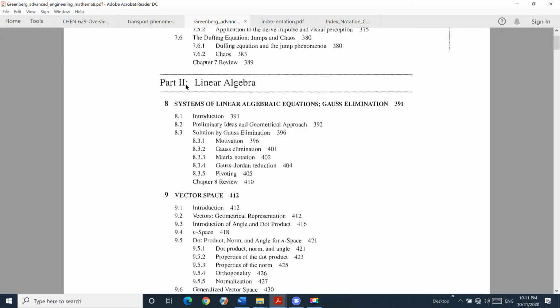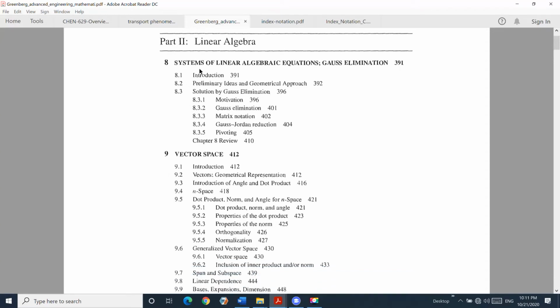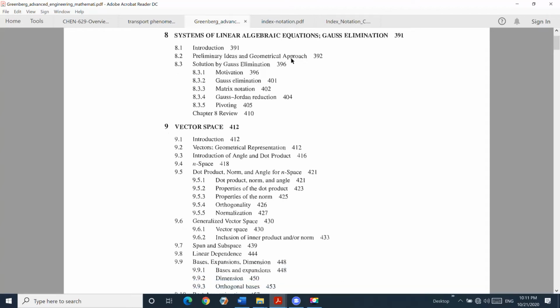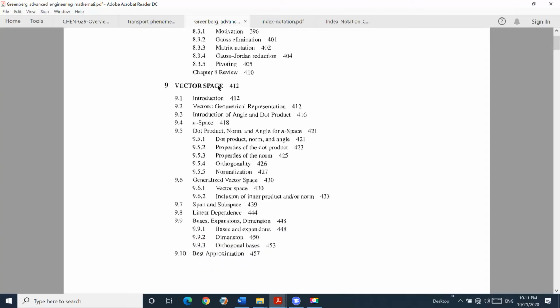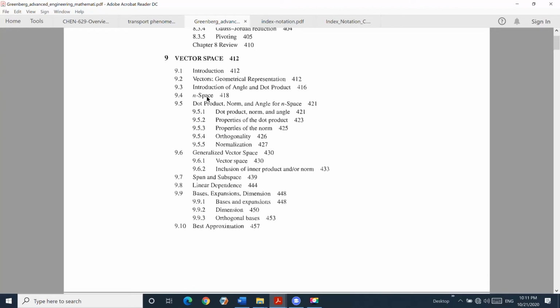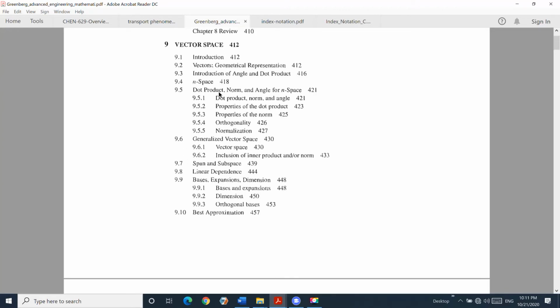The second part talks about linear algebra. Chapter 8 talks about the solution of systems of linear algebraic equations, like Gauss elimination methods, with some examples. Chapter 9 is an important chapter. It talks about vector space, defines vectors and space, introduces the angle between two vectors and the dot product, and talks about two space, three space, and n space, and the dot product, norm, and angle for n space.